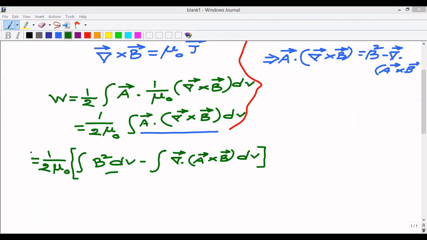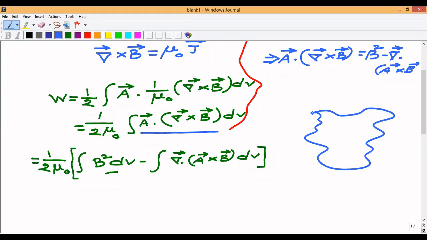Now, if you apply the Gauss divergence theorem, what does it say? It is the relation between volume integral and surface integral. Suppose it is a closed surface enclosing this volume.